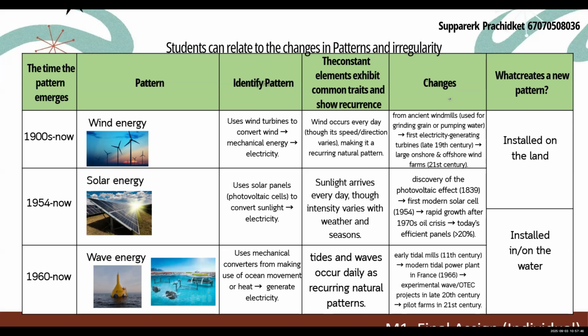And today, the efficiency of the panel is more than 70%. Solar energy uses a solar panel to convert sunlight to electricity. Sunlight can generate power in the daytime. It depends on intensity, which varies with weather and season.